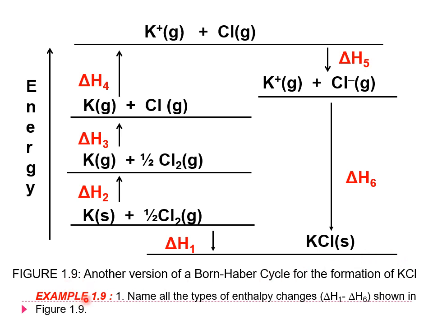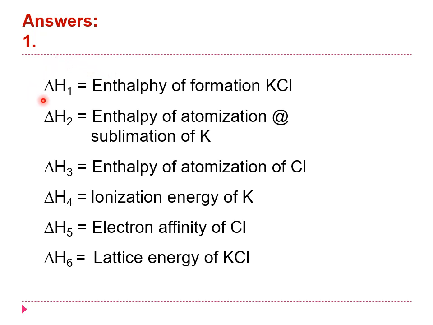Now let's do example 1.9. Name all the types of enthalpy changes shown in figure 1.9. If you listen in detail to my explanation previously, you would notice that delta H1 is the enthalpy of formation of potassium chloride. And then we go up, remember? So that one is enthalpy of atomization of potassium.